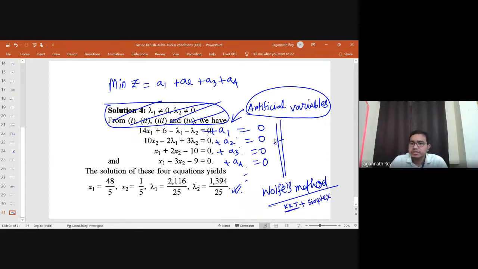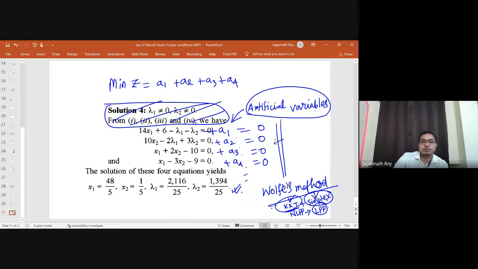By Kuhn-Tucker conditions, a nonlinear programming problem is transformed into a linear programming problem. Once we have linear programming, we can use simplex. So Wolfe's method, which is a part of quadratic programming, is very closely related to the Kuhn-Tucker conditions, because it uses the benefits of both the Kuhn-Tucker conditions and the simplex method.